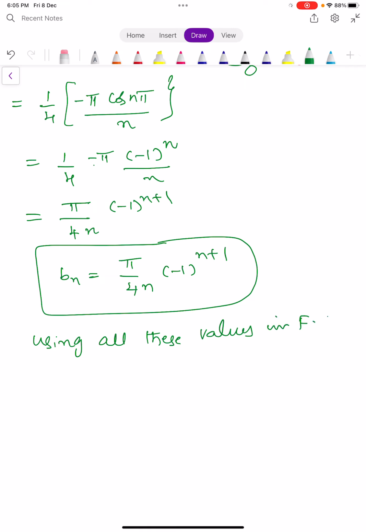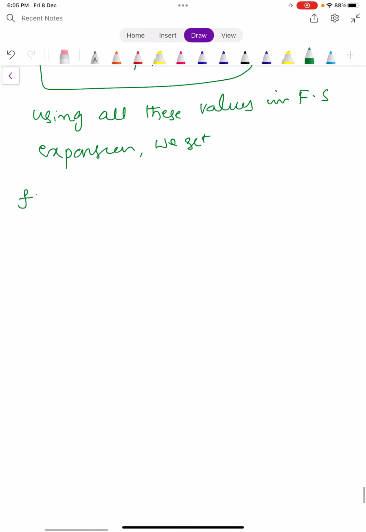Using all these values in the Fourier series expansion, we get f of x is equal to a naught by 2.